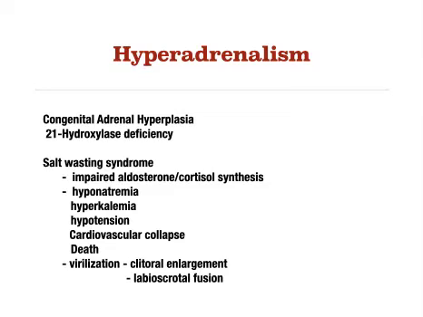So this will result in salt wasting, hyponatremia, and hyperkalemia, which will also cause acidosis, hypotension, cardiovascular collapse, and possibly death in infants. So this is the most serious form of congenital adrenal hyperplasia. And aside from that, of course, there's virilization, which is manifested by clitoral enlargement and labioscrotal fusion.